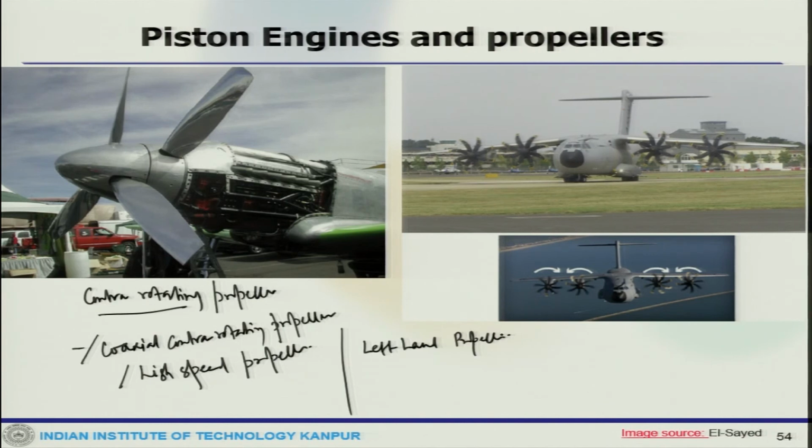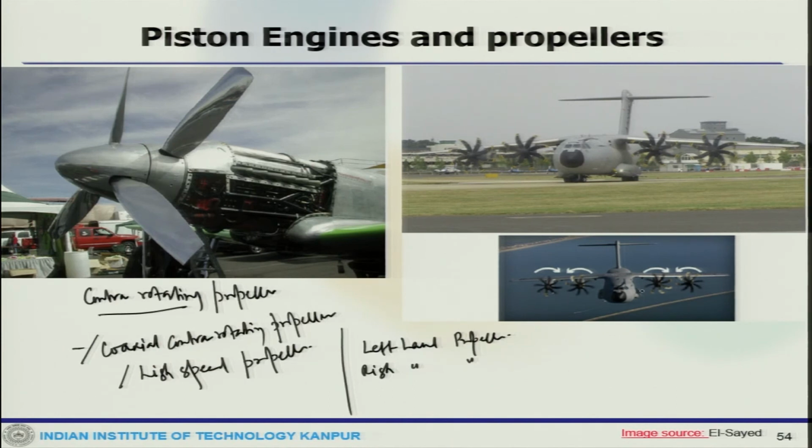A left hand propeller is one which, when viewed from the cockpit, rotates in the anti-clockwise direction, and when viewed from the outside, rotates in the clockwise direction. Then the right hand propeller, that means when it is looked at from the cockpit it would be rotating in the clockwise direction.